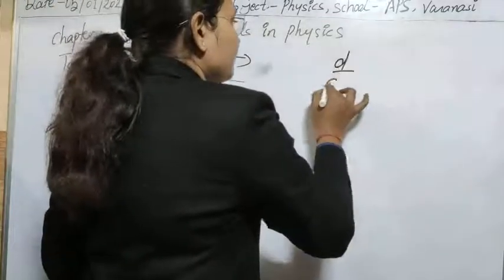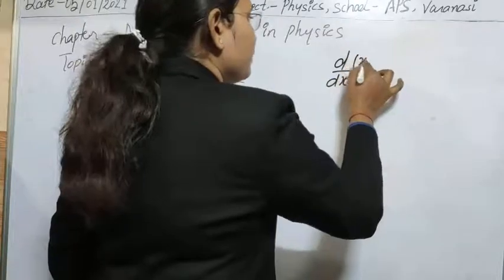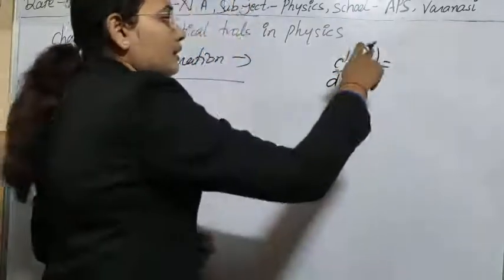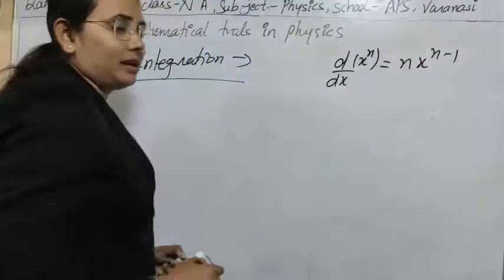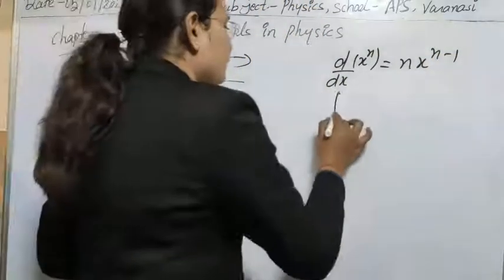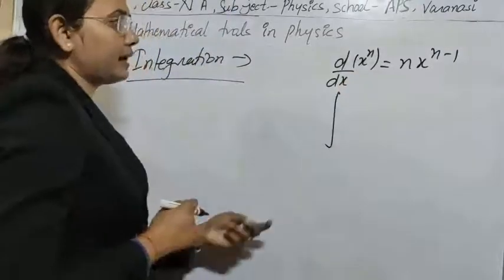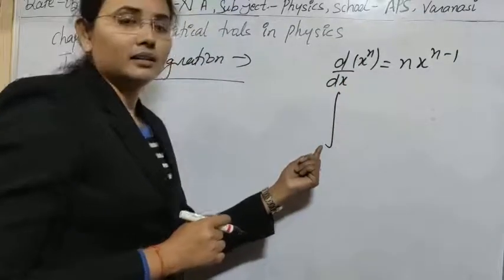As in the case of differentiation, students, the first formula that you have seen was d/dx of x^n equal to n x^(n-1). Suppose you have to integrate. First of all, the integration sign is denoted by this sign.